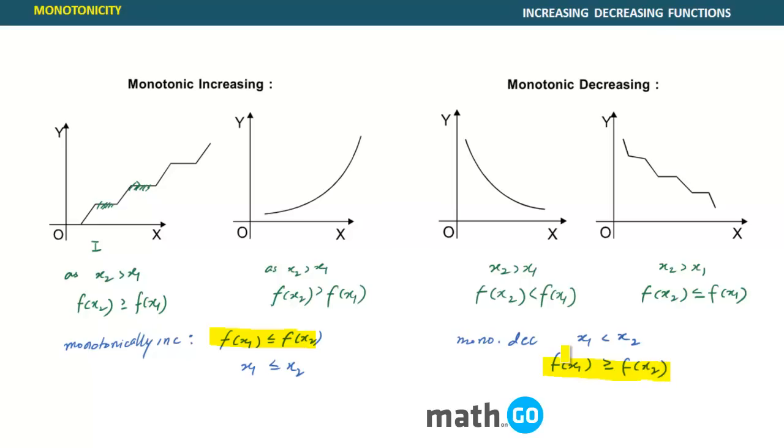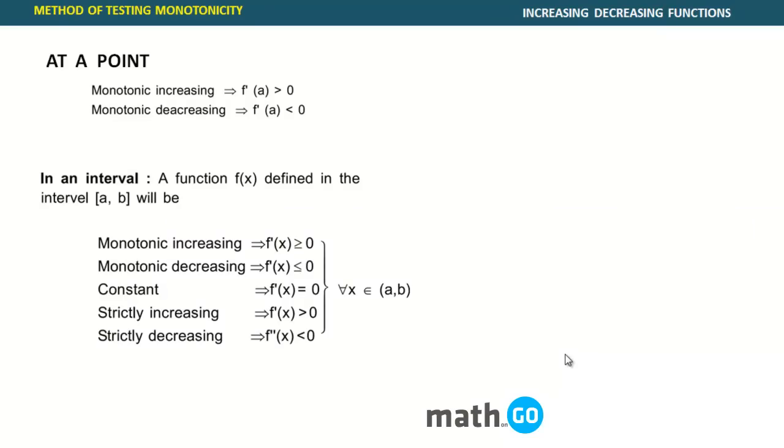Now let's see how you calculate the monotonicity of a particular function. If you want to check at a point, you have to differentiate the function. So let's say y is equal to f(x), your function, and you want to check its monotonicity at x equal to a. Do not get confused, monotonicity is always a property of a point.